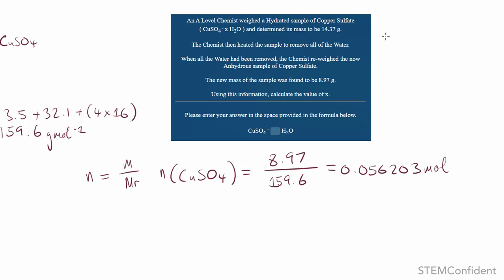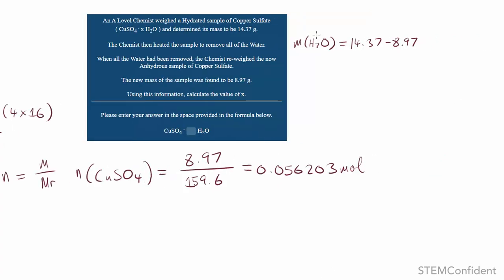So the mass of H2O is going to be equal to 14.37 minus 8.97, right? If you have a go at working that out, you should find that you get 5.4.